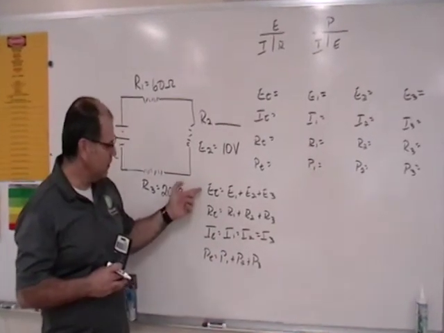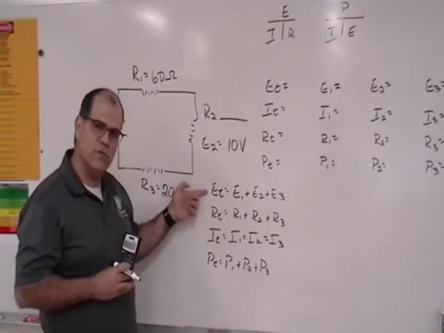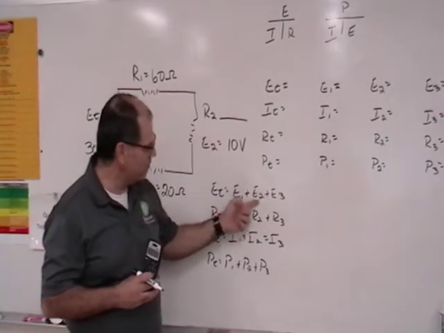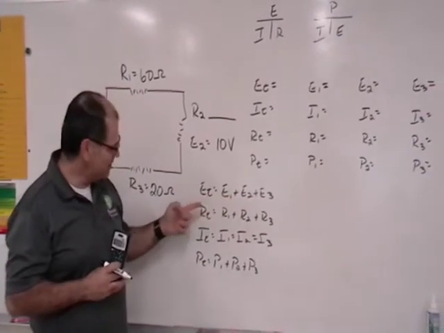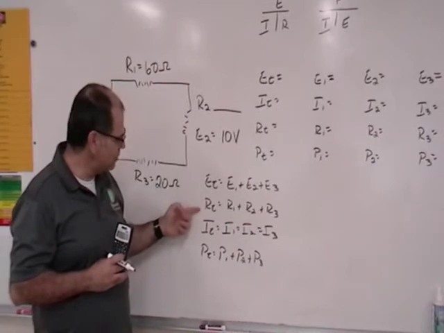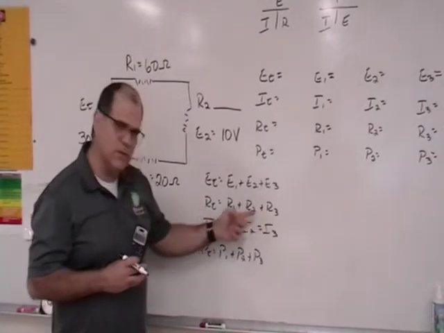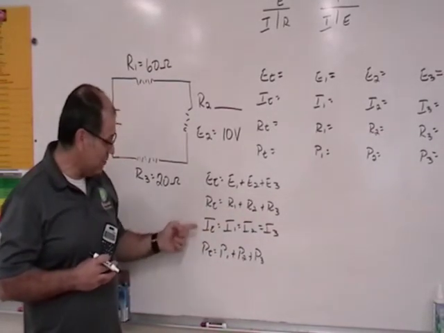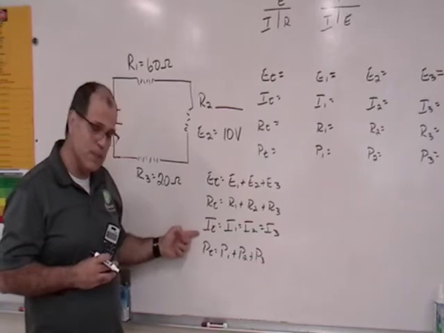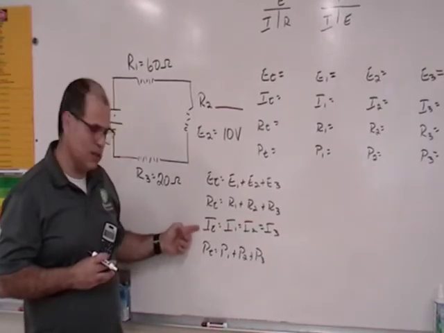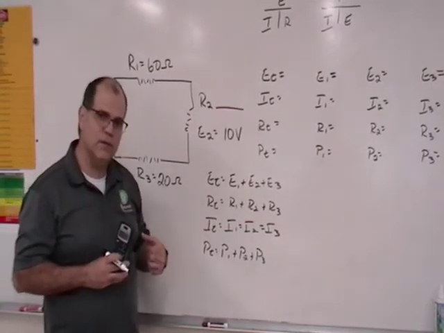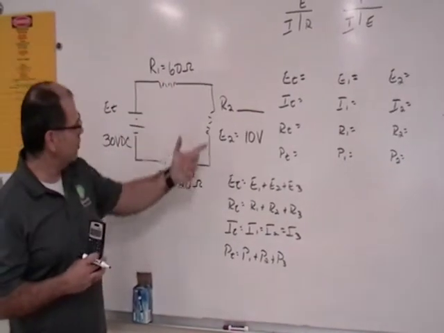series circuit. In a series circuit, total voltage is equal to the sum of the voltage drops. The same thing goes with total resistance: it is equal to the sum of the values of the resistors. However, current in a series circuit is equal throughout the circuit because there's no alternate path.